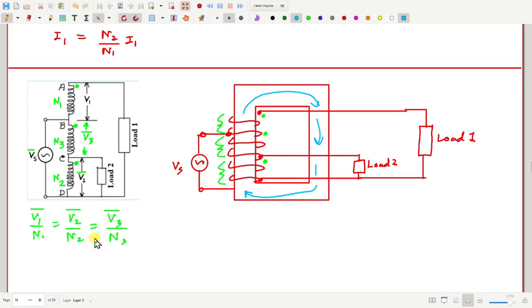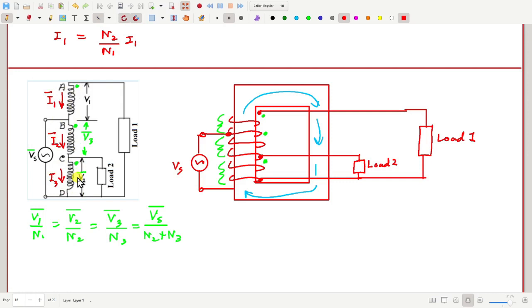And once again, one more thing here, this should be equal to Vs by N2 plus N3. Then if I write the currents in these segments as, suppose this is I1, this is I2, and this is I3, and all currents are flowing from the dotted side to the non-dotted side in the respective section.